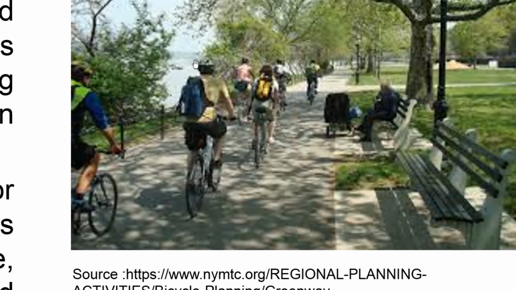So, in this picture you can look at it, there is a water body here and some amount of green spaces and boulders, and some area is left for the movement of cycle tracks.